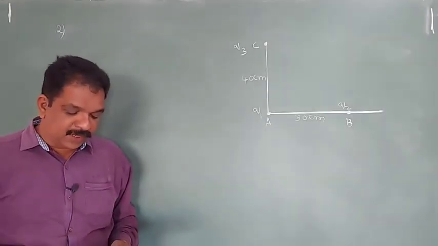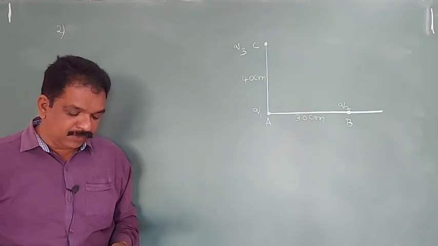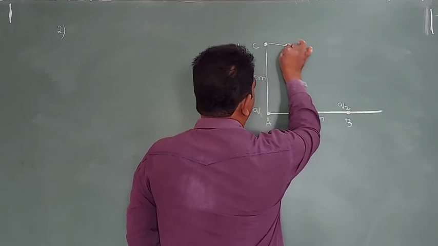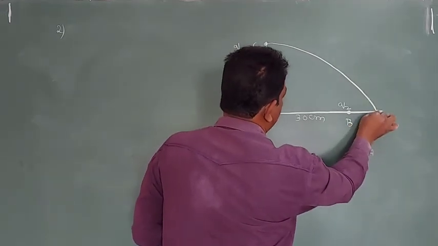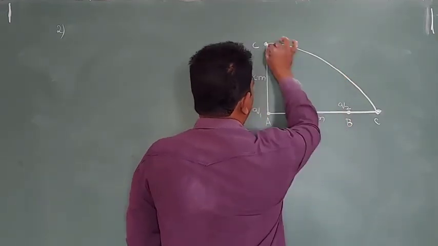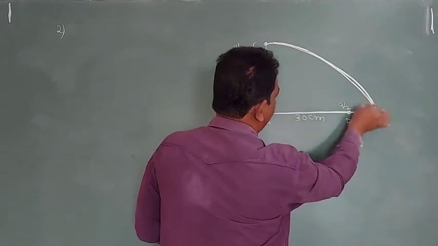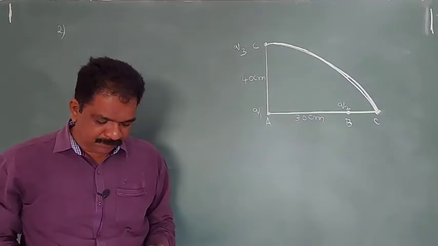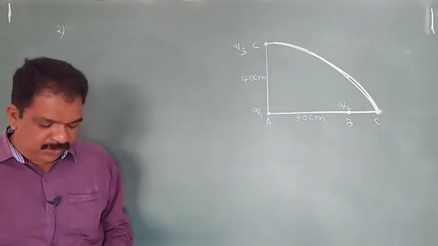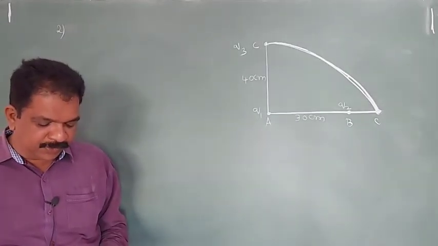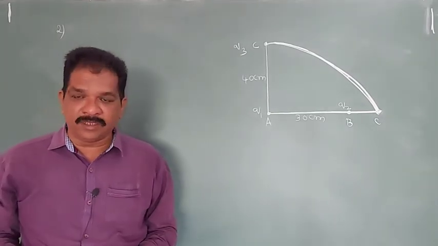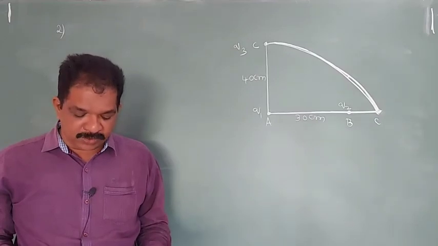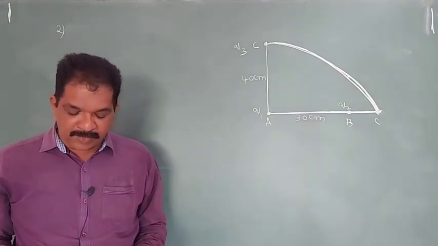A third charge Q3 is moving along the arc of a circle of radius 40 centimeter. So it moves along the arc of a circle of radius 40 centimeter. From C to D, the change in the potential energy of the system is Q3 by 4 pi epsilon naught into K. What is the value of K?